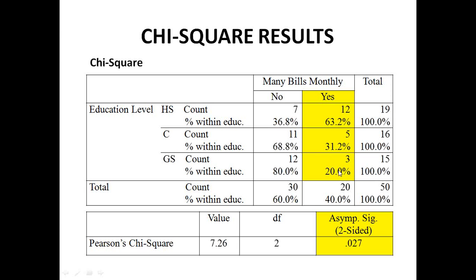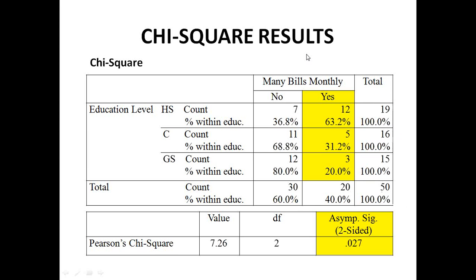So as education increases, from high school to college to graduate school, the percentage with many bills monthly decreases, going from 63.2 to 31.2 to 20%. So we would say there's a significant difference, where the more education you have, the significantly lower the proportion of people who have many bills monthly.